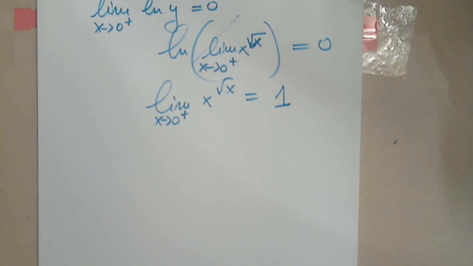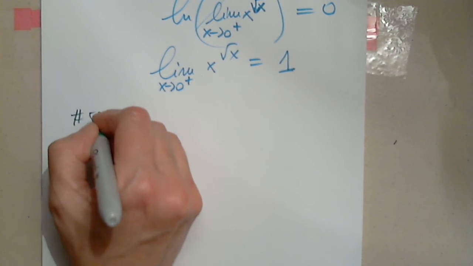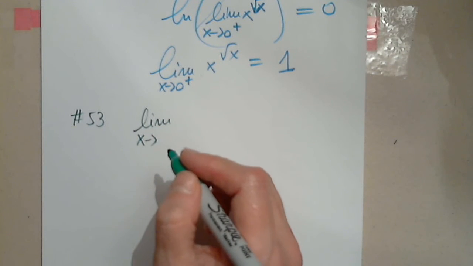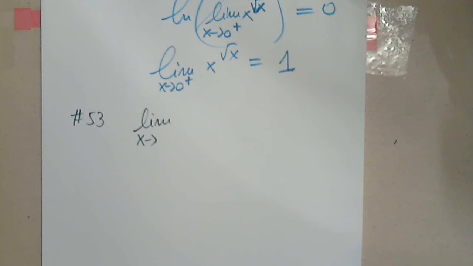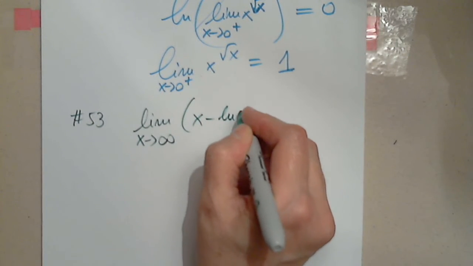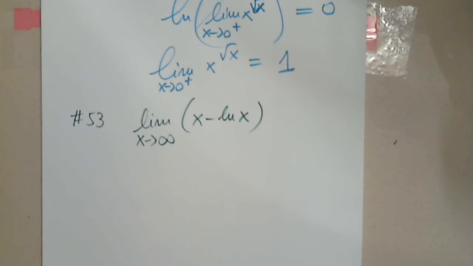Here's one limit that I honestly can't do. I think it's infinity if I see it correctly. Yes, I do see it correctly. So honestly, I have no idea what to do here.